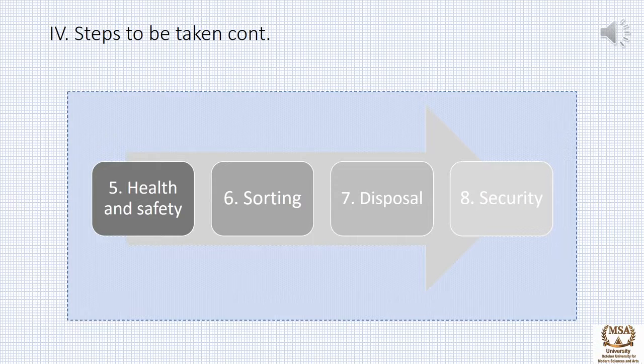Therefore, the aim of guidelines is to provide the safest, simplest, and most practical alternatives. 8. Security. Security measures are necessary to prevent diversion or pilfering of drugs. An example of these would be immobilization, which is the best method for preventing pilfering from a store or a landfill.